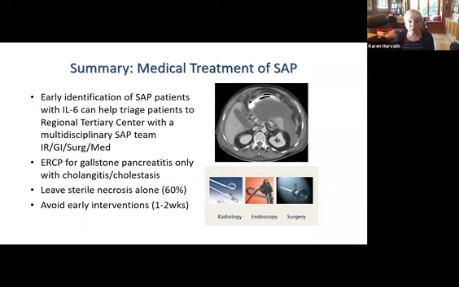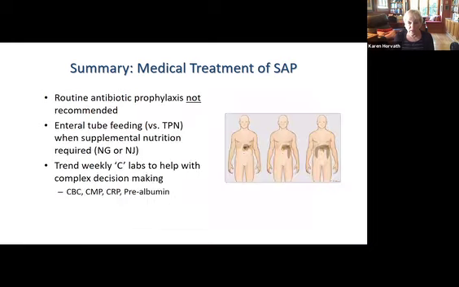So in summary, in the medical treatment of severe acute pancreatitis, early identification of SAP patients with IL-6 can help triage patients to a regional tertiary center with a multidisciplinary team. ERCP should only be used for patients with gallstone pancreatitis with cholangitis or cholestasis. We should leave sterile necrosis alone as long as possible and avoid any early interventions at all in the first 1 to 2 weeks.